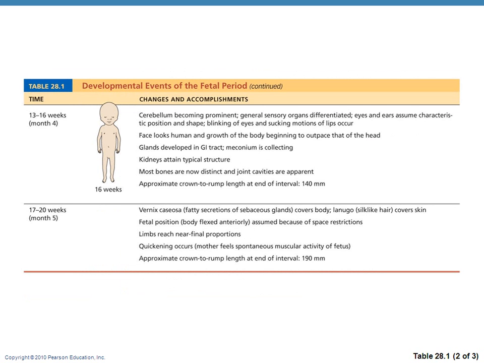As we move to 13 to 16 weeks, some of your more organized neurons, like in your cerebellum, which control your coordination, are going to start developing and becoming prominent. Glands are going to develop in your gastrointestinal tract. Your kidneys are going to start developing their structure and function. We now have joint cavities present.